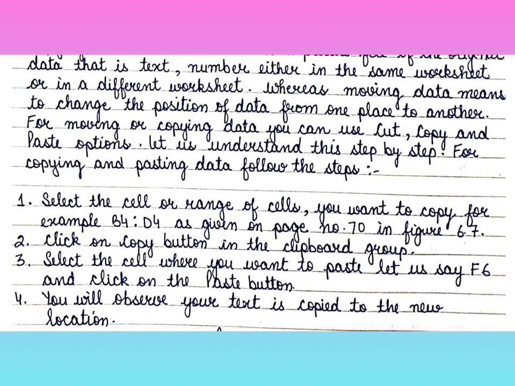Click on the Copy button in the clipboard group. Number 3. Select the cell where you want to paste, let us say F6, and click on the Paste button. Number 4. You will observe your text is copied to the new location.